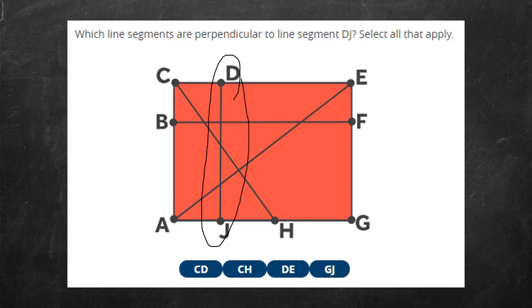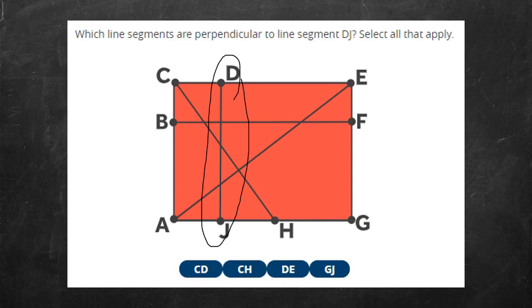Now, I can look at my question and quickly find the lines that are perpendicular to line segment DJ. But the thing that I want to remember is I need to look at my answer choices, okay? Always look at your answer choices, okay?